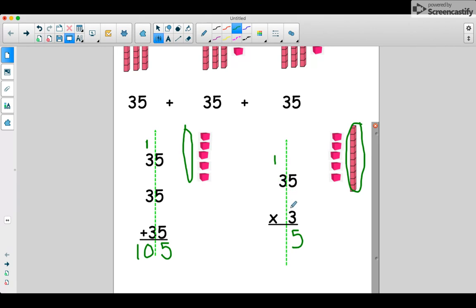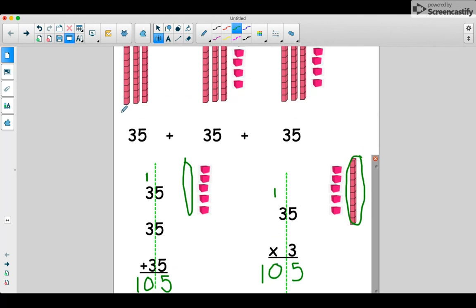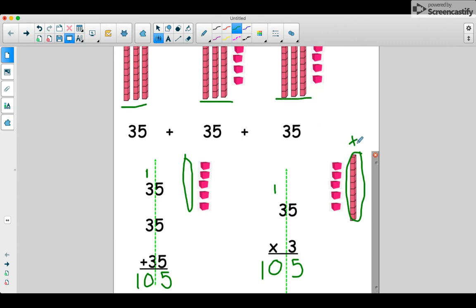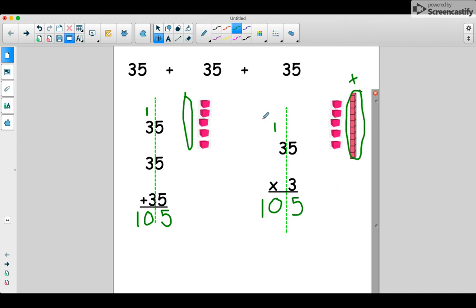So 3, 6, 9, plus that 1 I had from before, so I'd have 10. So the multiplication algorithm shows us the same exact thing as doing addition over and over again. We're still regrouping our numbers the same exact way.